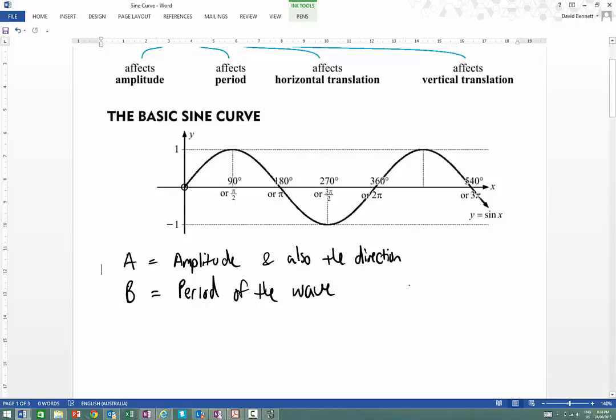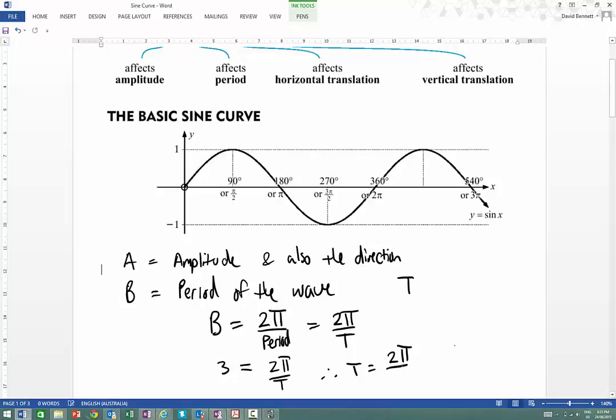What we know is the period has the symbol T. So we know that B is equal to 2 pi over the period, so that's 2 pi on T. In the case where B is equal to 3, then B equals 2 pi over T, so therefore T is equal to 2 pi on 3.